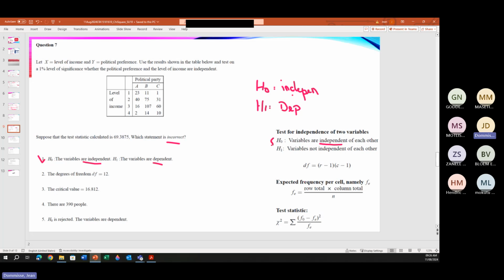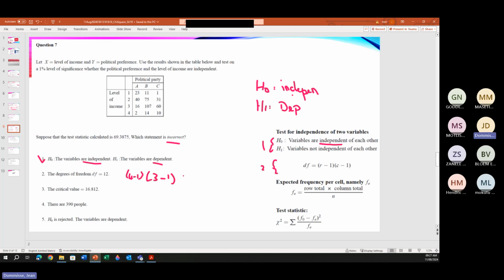So that's step one. Step two, let's check the degrees of freedom. Rows: 1, 2, 3, 4, so 4 minus 1. Columns: 1, 2, 3, so 3 minus 1.